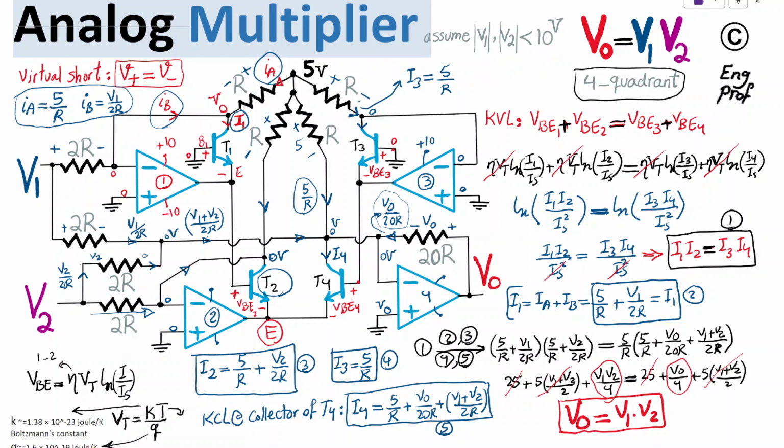But bear in mind, I hope that this is helpful, but as a practical, intuitive point, please bear in mind how the circuit is working, in order to realize 4-quadrant operation and the possibility of V1, V2 being negative voltages. The 5 divided by R is providing a current for, let's say, the collector of transistor T1 and the collector of transistor T2.